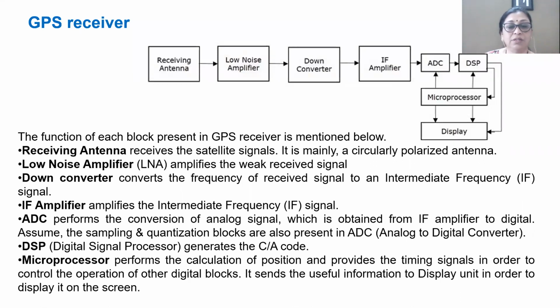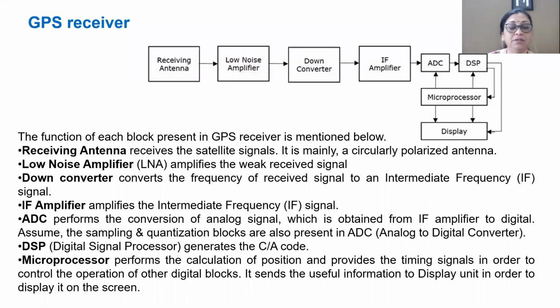So the DSP will find the desired information or desired code from a given signal. For that it has to perform a number of operations, such as the correlation operation. Particularly, the correlation operation is used to find the CA code.